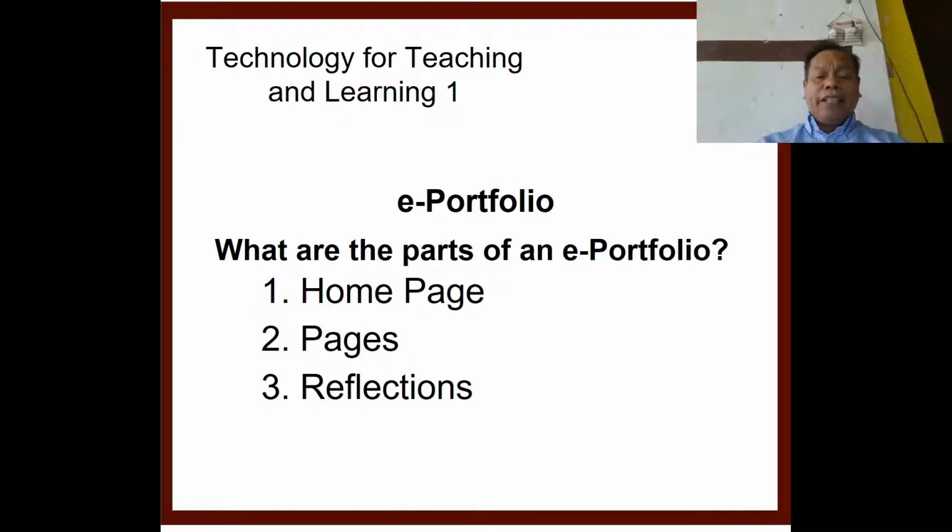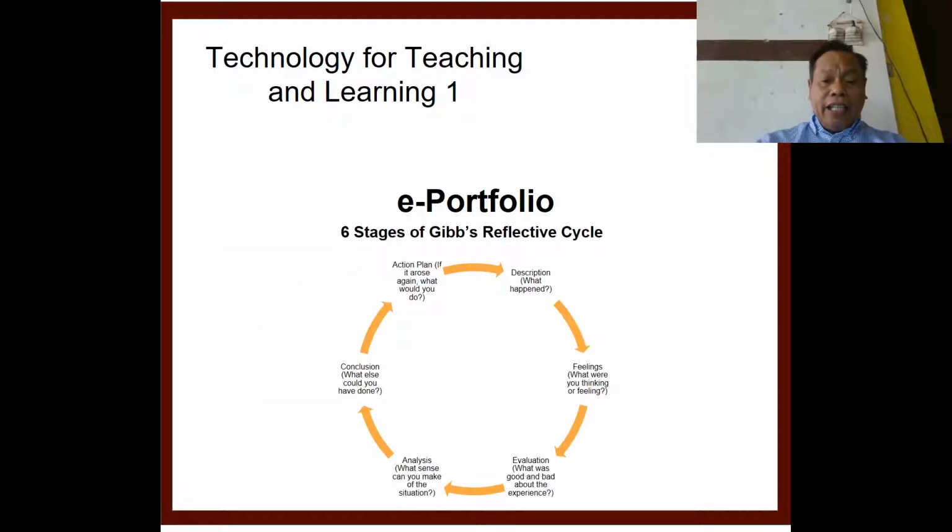What are the parts of an e-portfolio? Of course, you should have a home page, and then you should have pages, no? And the pages, of course, are unlimited. And then you should have personal or written reflections. Now, Gibbs has given us the six stages of a reflective cycle.